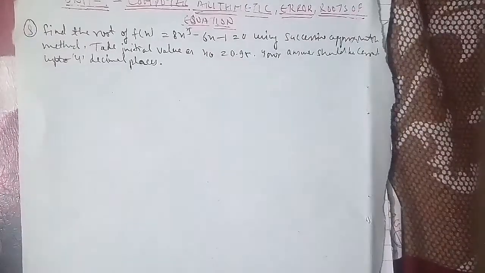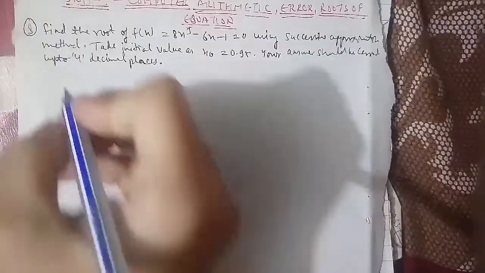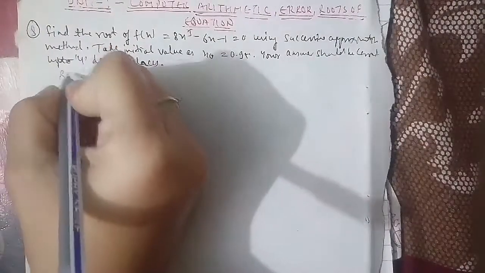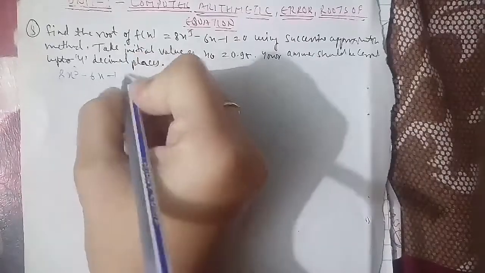For the given equation, 8x^3 - 6x - 1 = 0, so 8x^3 = 6x + 1.